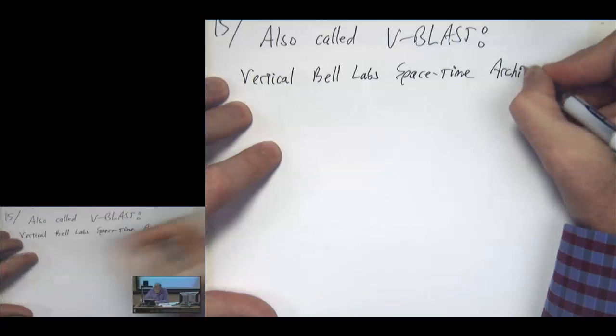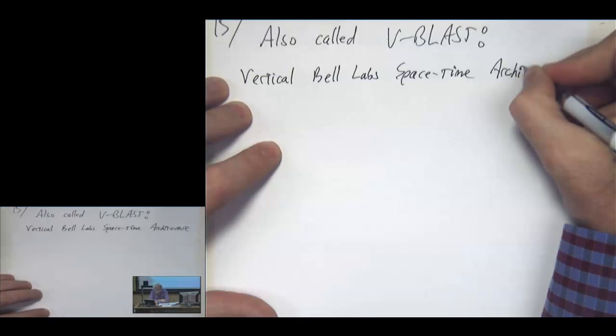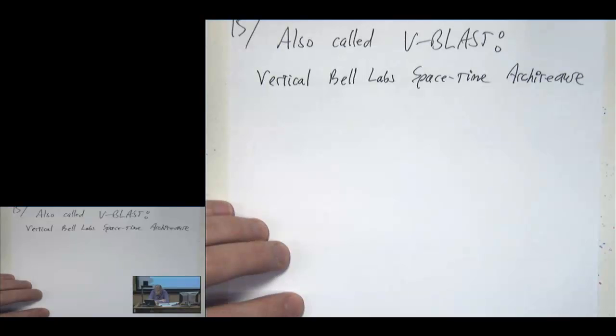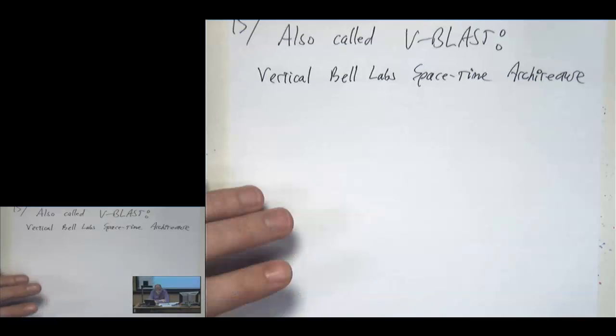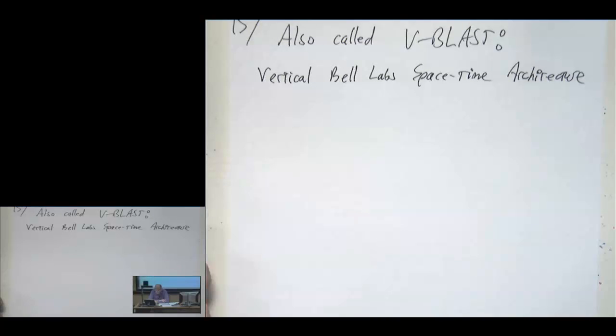Now see, here's an interesting observation about naming of titles and papers and things. The Alamouti code, in his paper, is called something like A Simple Technique for Transmit Diversity. He doesn't call it the Alamouti code. That would be sort of arrogant to do that.